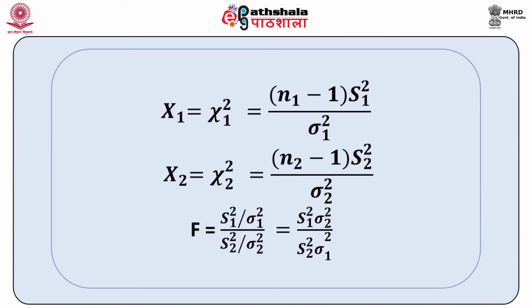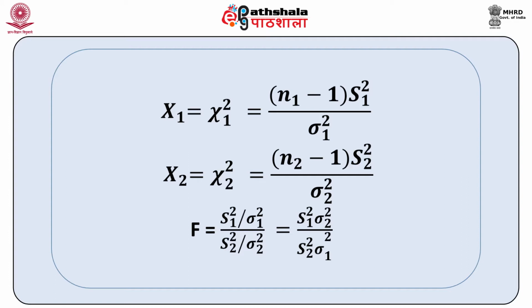Here we know that x1 is chi1 square and is defined to be equal to n1 minus 1 into S1 square upon sigma 1 square. And similarly, x2 is chi2 square and is defined to be equal to n2 minus 1 into S2 square upon sigma 2 square.